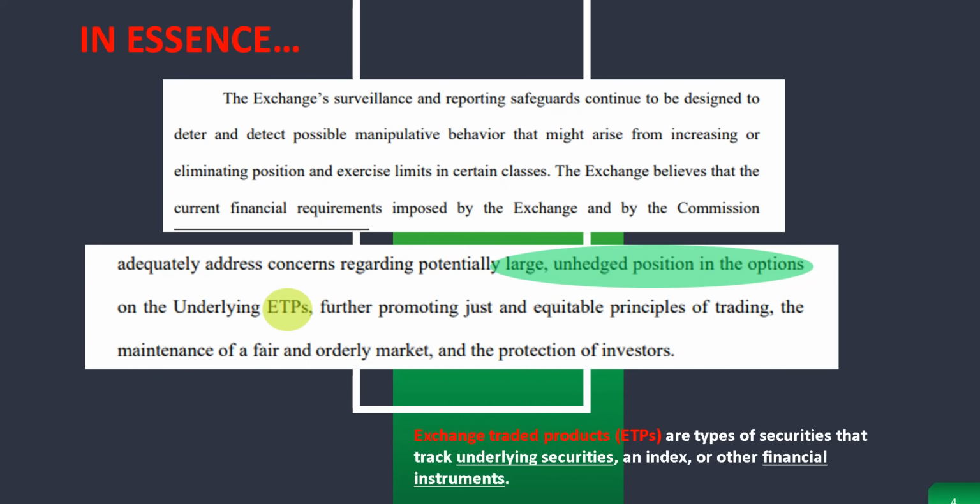Now, ETP is just an acronym for exchange traded product, so it could be an exchange traded note or an exchange traded fund. And of course, this will further promote just and equitable principles of trading, the maintenance of a fair and orderly market, and the protection of investors.